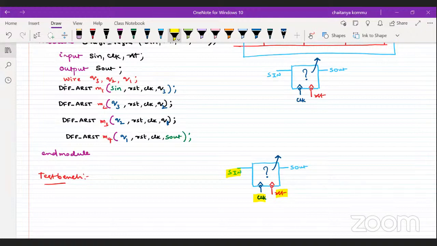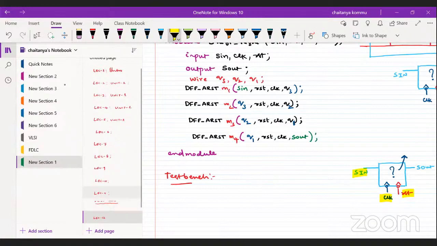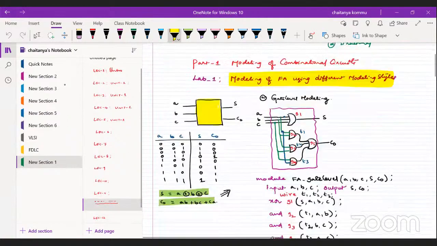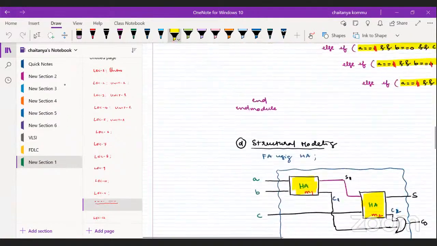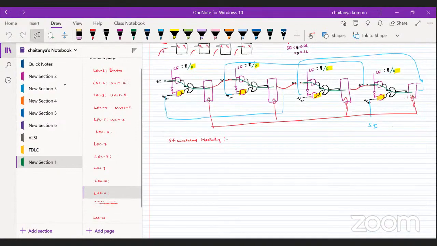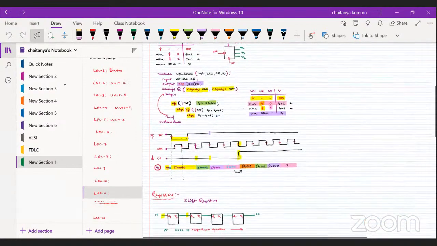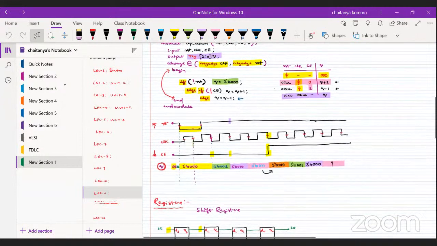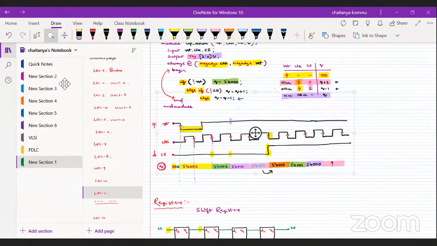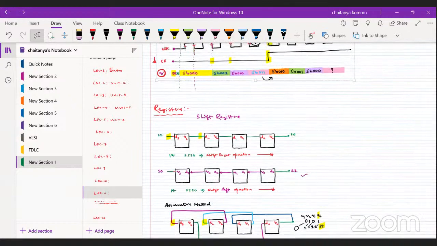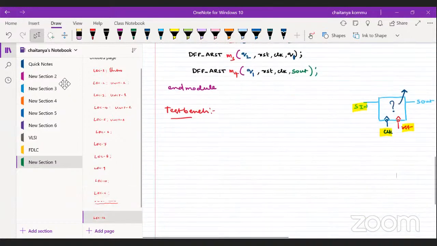Okay, so better I will consider the pattern that I have taken previously. I will take this input signal. Copy. I want to paste it at this place.